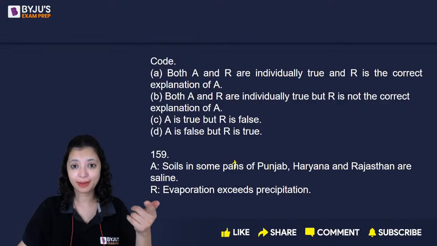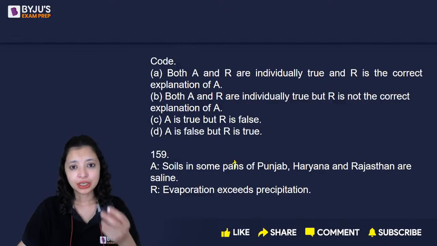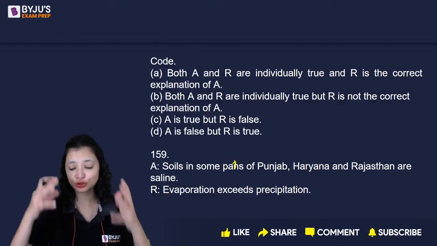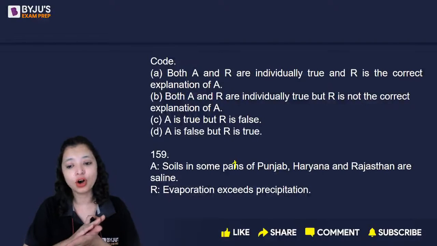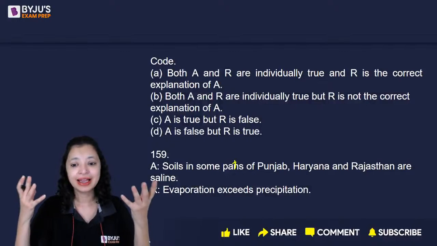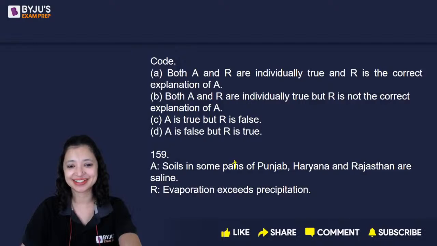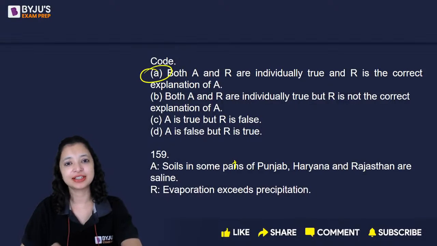If there is more evaporation and less rainfall, what is left behind is dry, arid, saline soil. It will not mix with water because there is no precipitation. Yes, A is the correct answer.